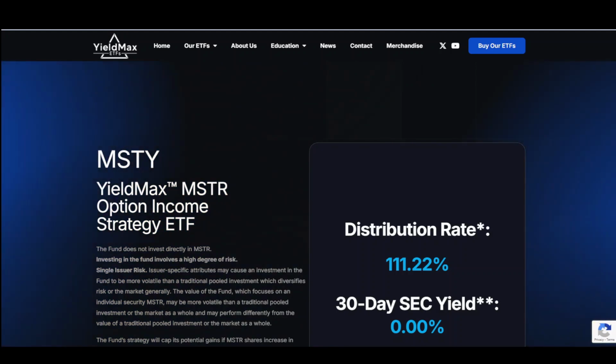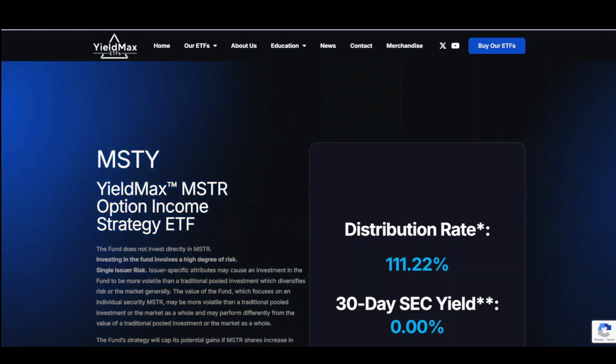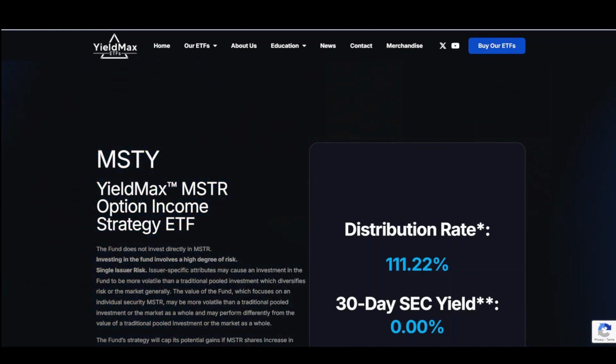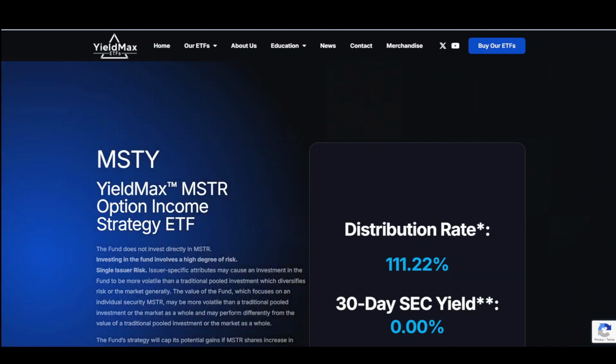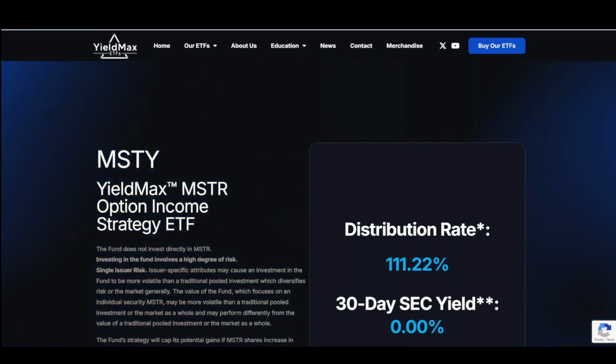There's no difference in it, honestly, as far as how you do it and how you sell it, but I just never did one on the YieldMax, and I just kind of wanted to show you where I got in at and the amount of premium that I earned, and show you the expiration date and so forth.